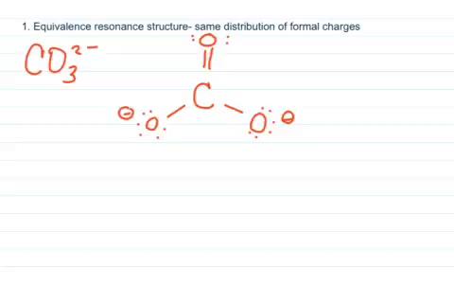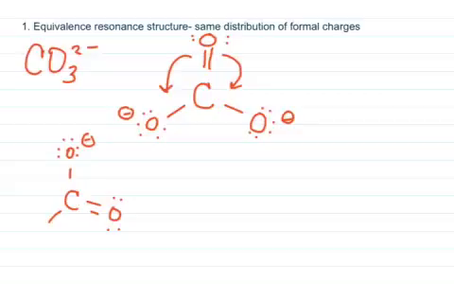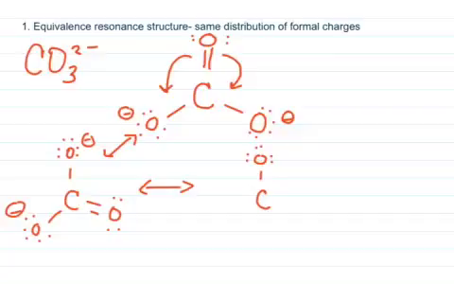You can move the double bond to the right or to the left. So let's draw out the other resonance structures. So here you go. Carbonate has 3 resonance structures.